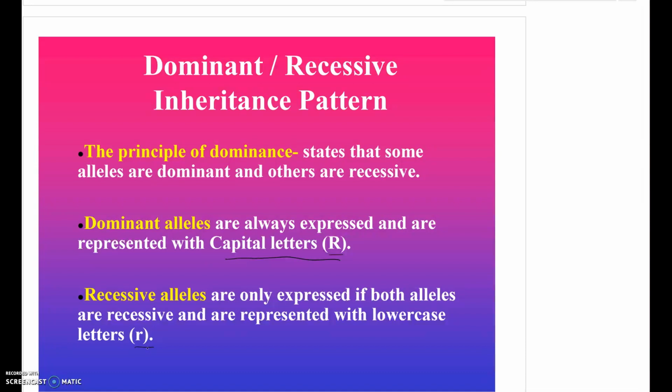Now, we said that every individual has 2 alleles, so if they're not going to have a dominant allele, that means they must have 2 lowercase or 2 recessive alleles. So the only way that you would see the phenotype that is associated with the recessive allele is if both alleles are that recessive allele.